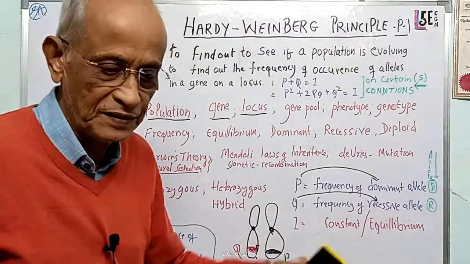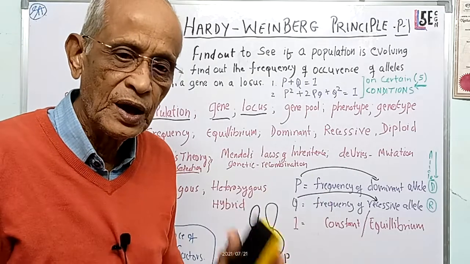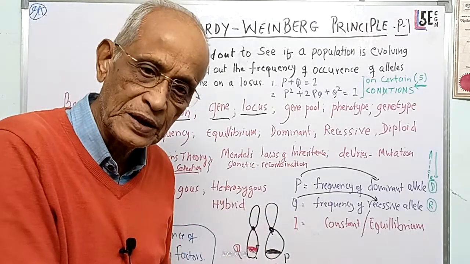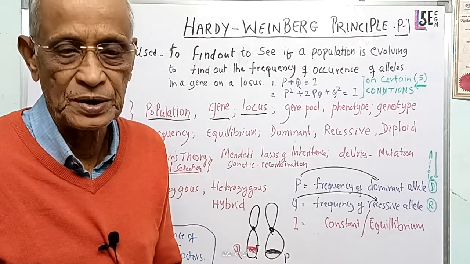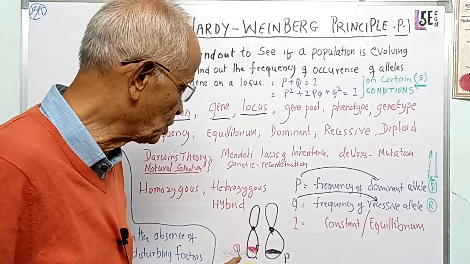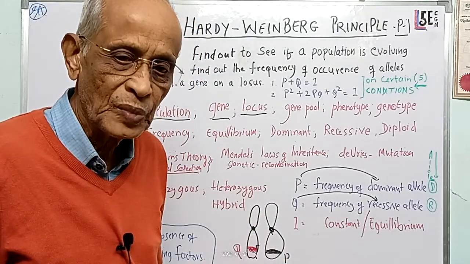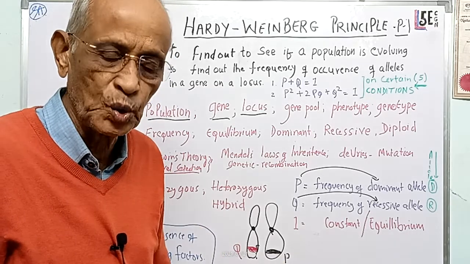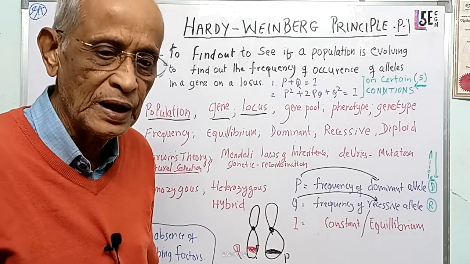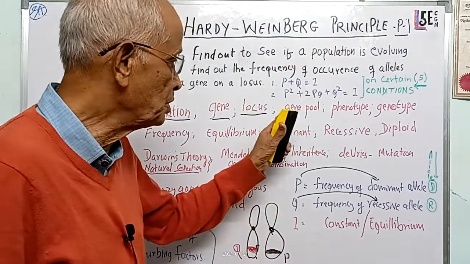Gene pool refers to the sum total of all the genes available either in the diploid or in the haploid case, whichever you are talking about. So when we speak about the gene pool of a diploid individual, where the paternal and the maternal chromosomes are there, it's called 2N or a diploid condition, and the sum total of all the genes is known as the gene pool.